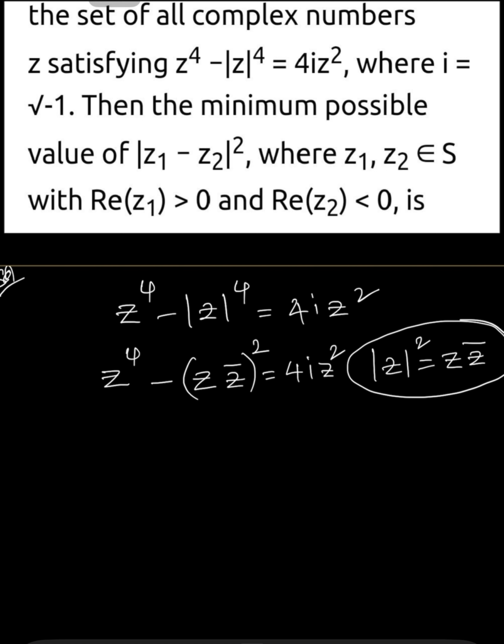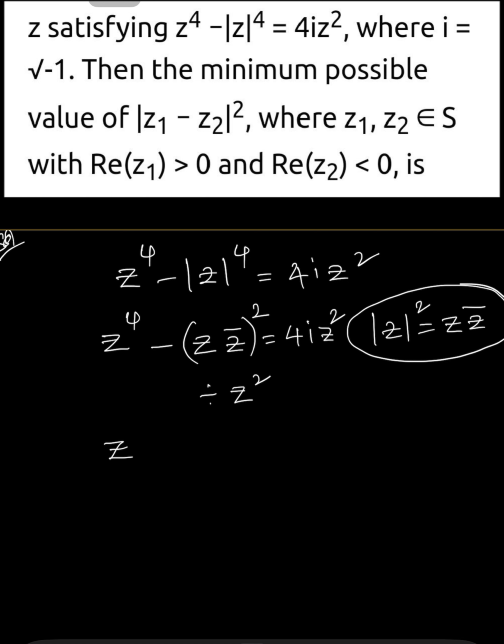Now divide both sides by z square, so here we will get z square minus z bar square equal to 4i.